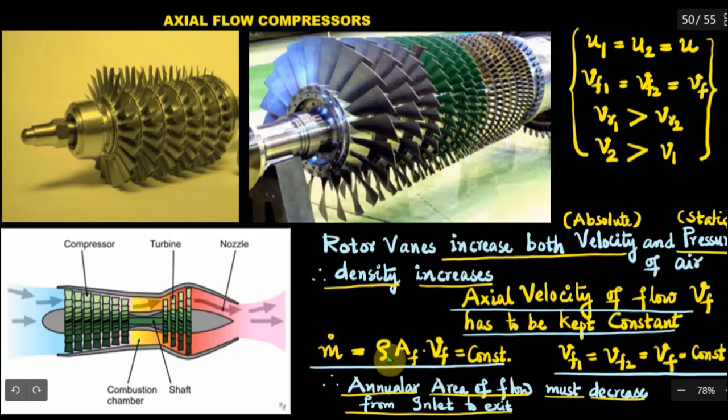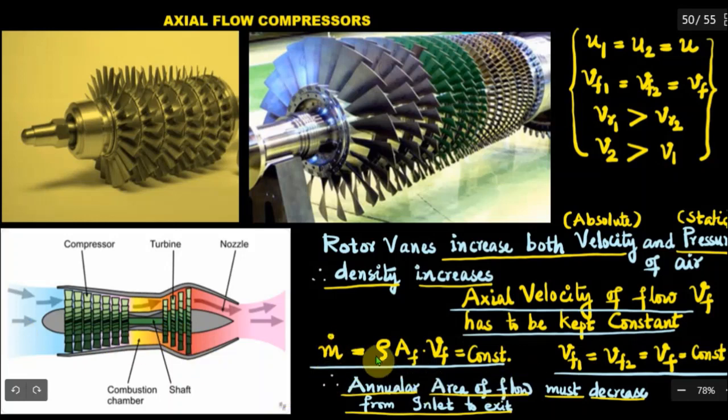So here you have rho into area of flow into velocity of flow, and the area of flow is this annular area. See, as the fluid, that is air, passes over the rotor vanes, its static pressure increases. So since static pressure increases, density also will increase. Velocity of flow must be constant, that is a design consideration, and the mass flow rate, being a steady flow device, is constant.